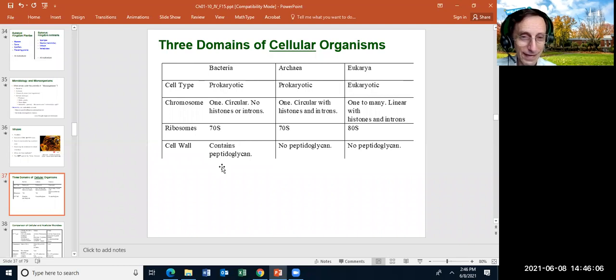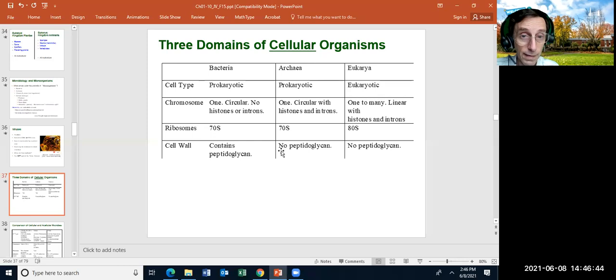If you don't know what that is, I don't think you really need to know. The biochemists take the ribosomes and put them in an ultracentrifuge gradient, and the smaller ribosomes sediment at the 70S position. The larger ribosomes, which are found in eukaryotes, sediment at the 80S position. The important thing is 80S is just bigger than 70S.